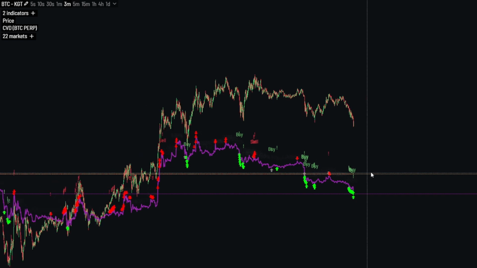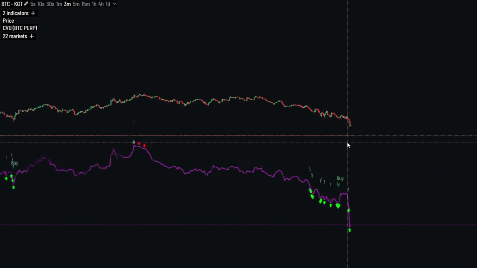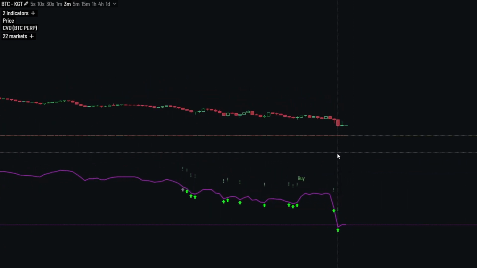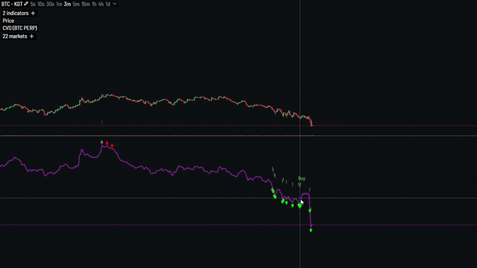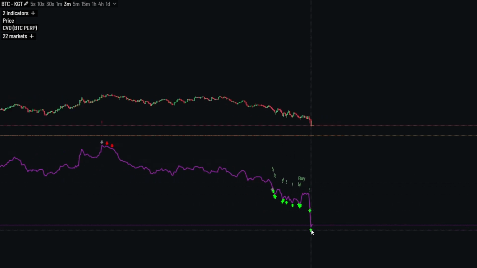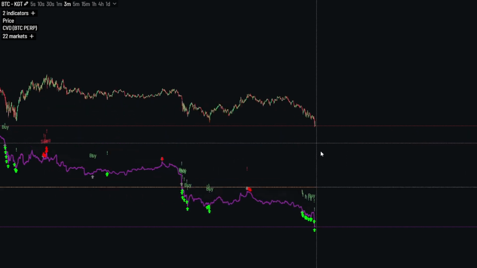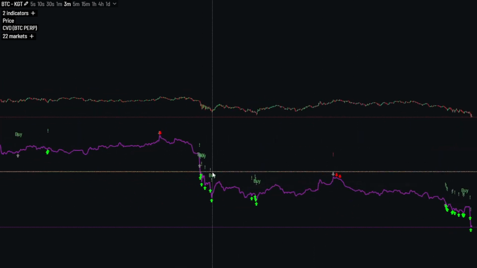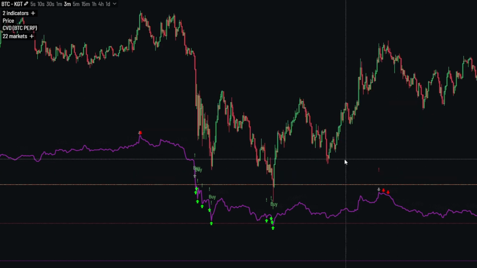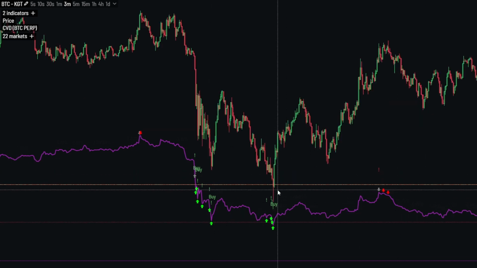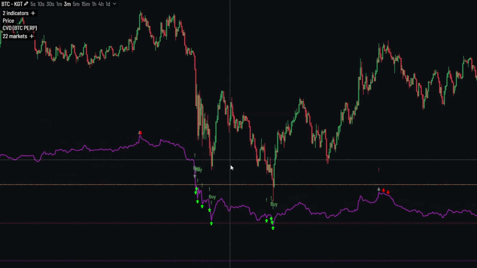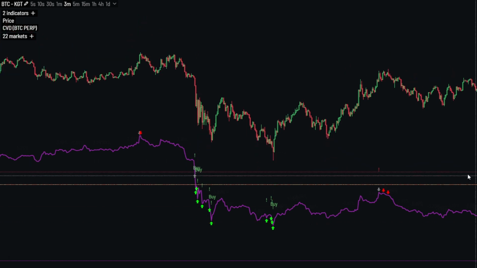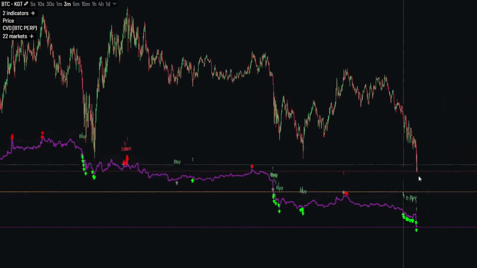As you can see, we are getting some buying signals. Now, of course, it is resisting, but let's see if it's going to be broken. Here we saw some buy, but it wasn't so strong. This is a buy that you got here, and this is a small buy that you got here. Here it was choppy, it was not really interesting.